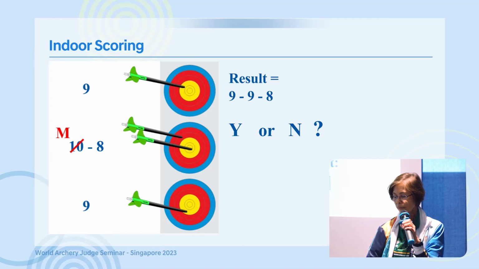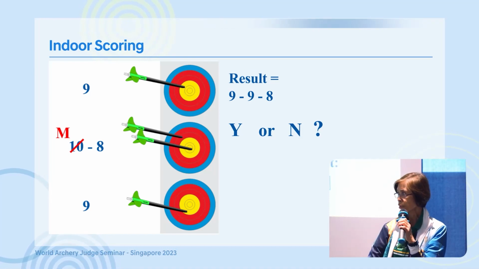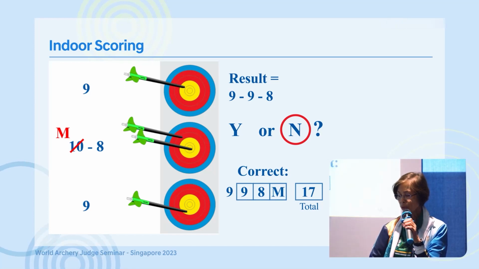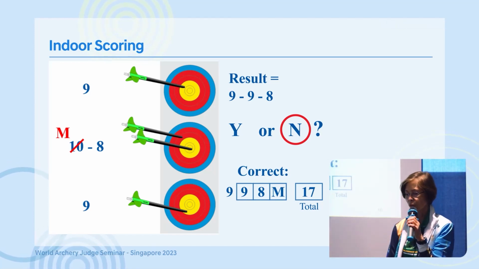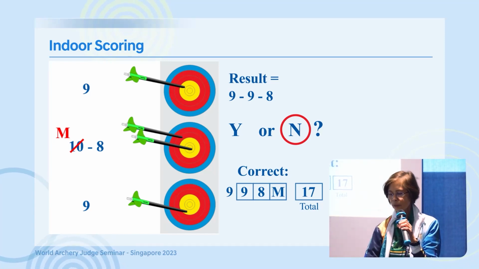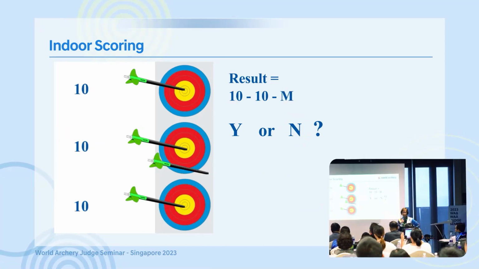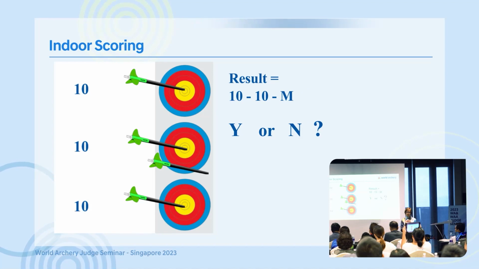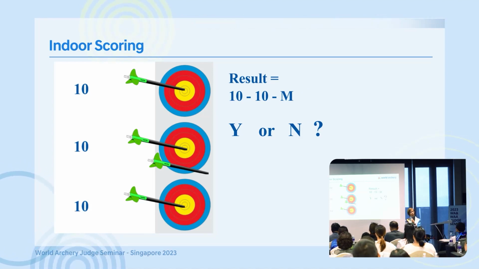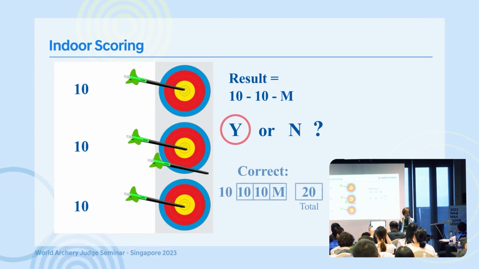Then you have four arrows there, not three. You take the lowest three, so that's 98M and your total is 17. They put the result 1010M. Is that correct? Yes. You're convinced, okay.